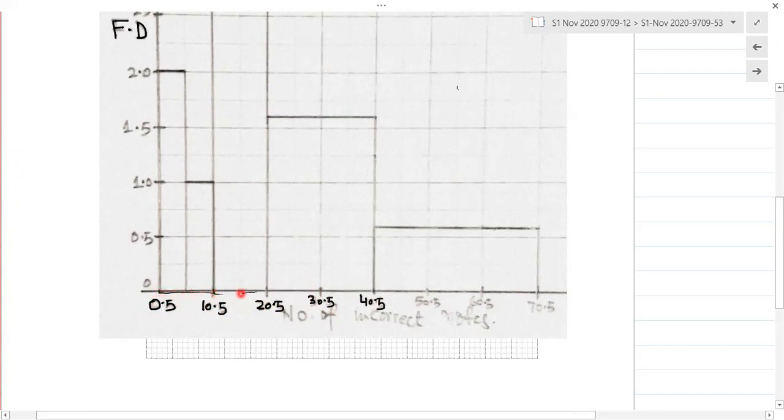So that's 1 block, that's 1 block, that's 1, that's 1. And then this is 40.5, 50.5, 60.5, and you have 70.5 as the final one.